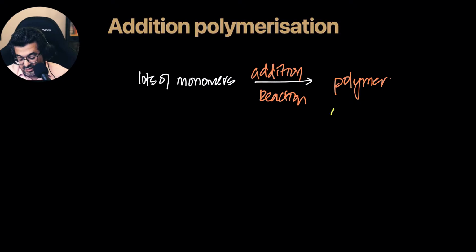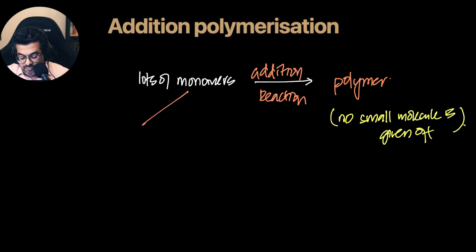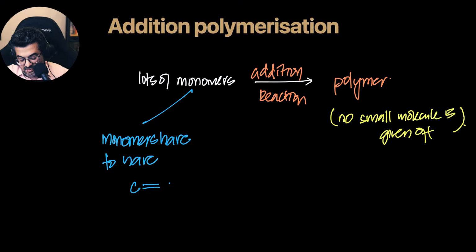And note that no small molecule is given off. Nothing is given off. And one property the monomers have to have, to undergo addition reactions, is a carbon-carbon double bond.